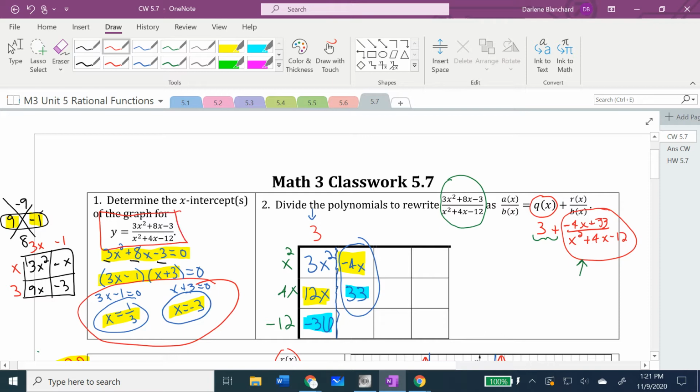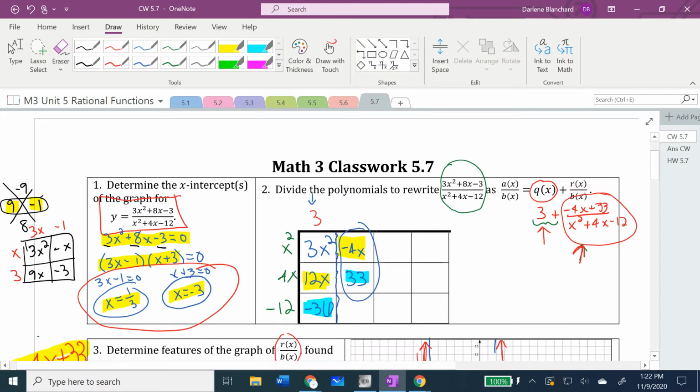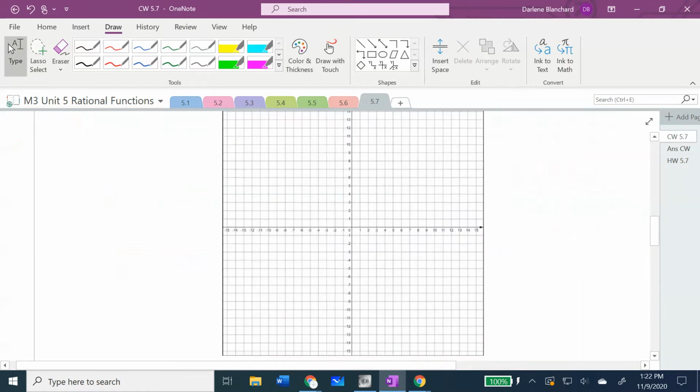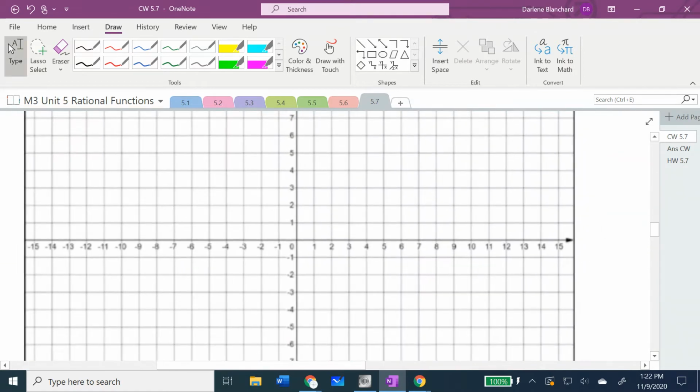I also know what this graph looks like, and I know that +3 means move it up 3 units. So I'm going to start by plotting these two x-intercepts of 1/3 and -3. 1/3 and -3.